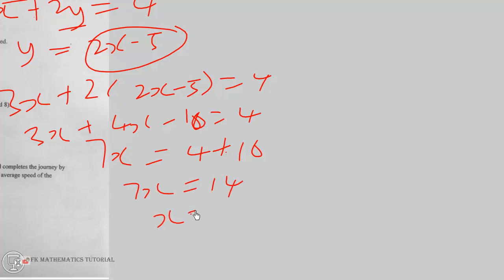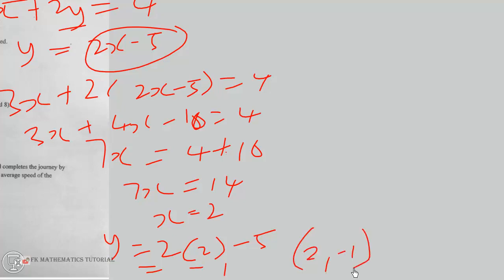So obviously x will be equal to 2. So if x equal to 2, y will be equal to 2 times 2 minus 5. So 2 times 2 is 4, minus 5 is negative 1. So the point will be (2, -1). So the correct answer is B.